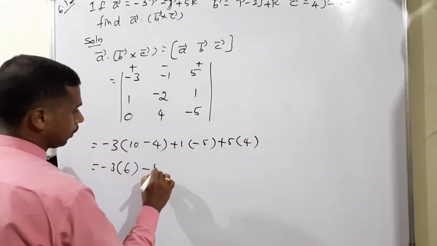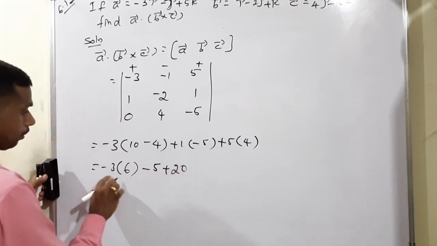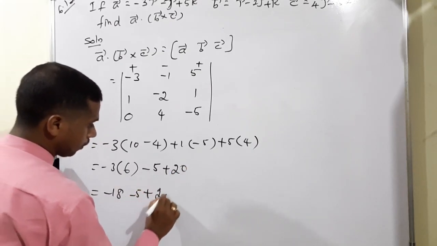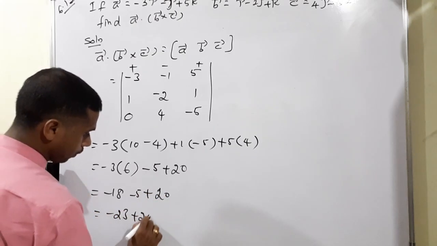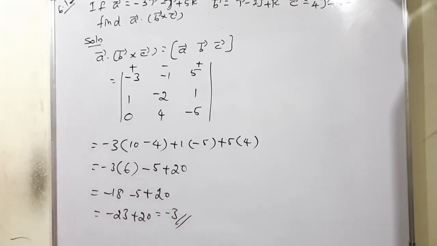Again, sign change: plus 1 into minus 5 means minus 5. Next, positive 5 into 1 into 4 means 20. So minus 3 into 6 means minus 18, minus 5 plus 20. Minus 18 minus 5 is minus 23, plus 20 is equal to minus 3. That's all. This is the answer for example 6.12.